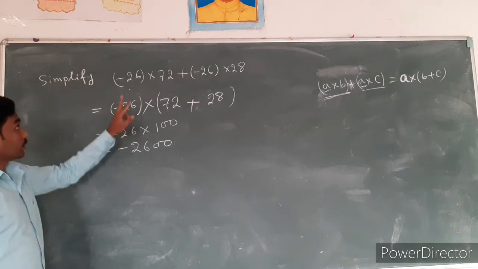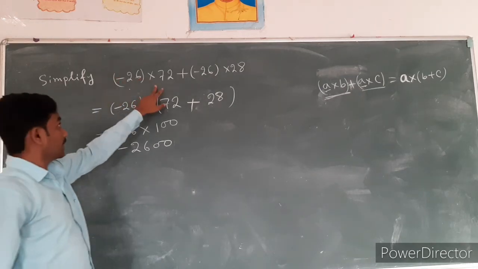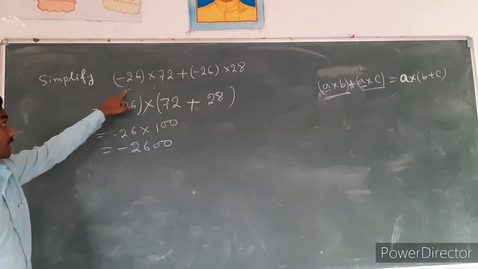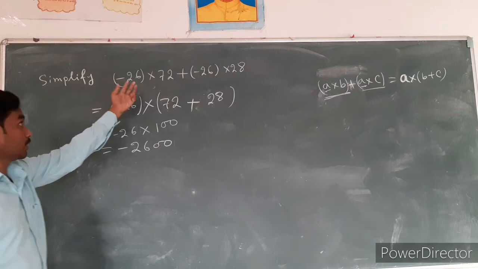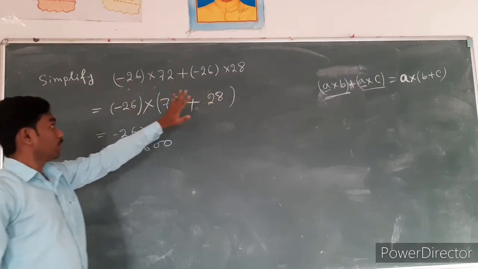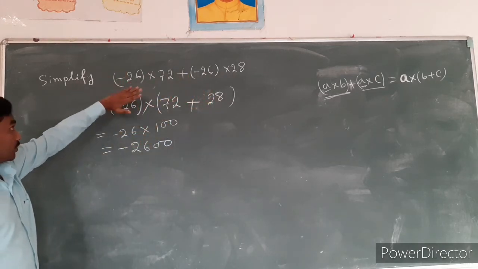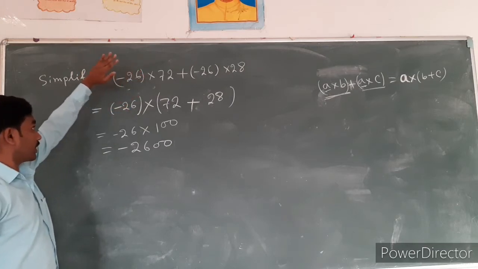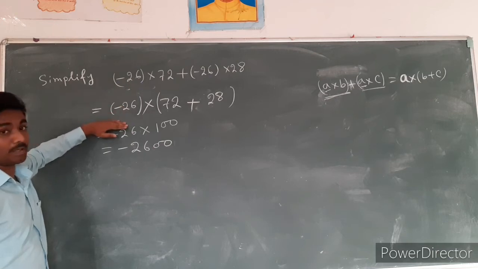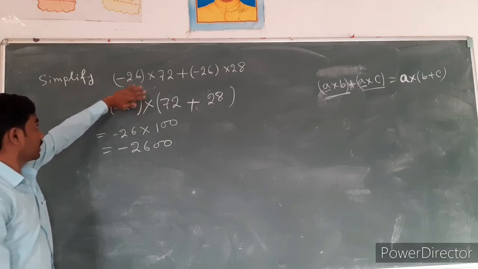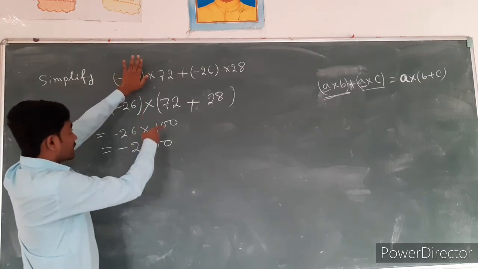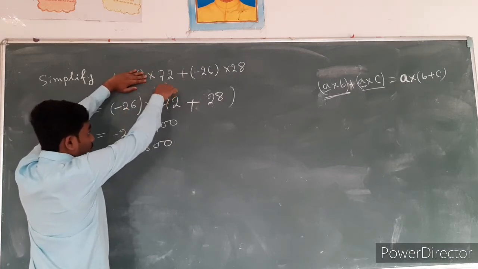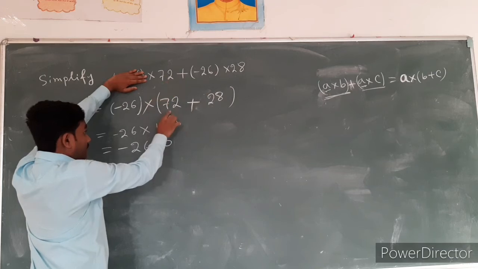Which number is present in both the expressions? Minus 26 is present in both, so minus 26 will be common. First we write the common number minus 26, and in the first expression which number is left? 72 is left. So we write 72.